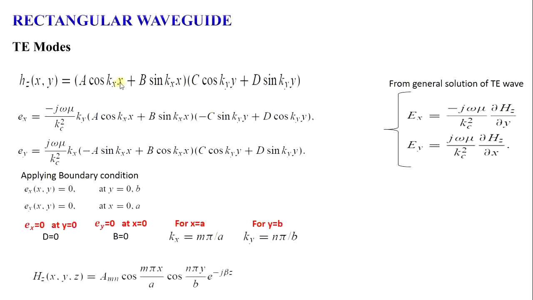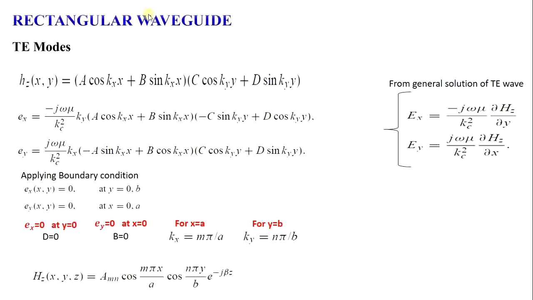Now in this equation of Hz(x, y), this b and d have cancelled out because the values are 0. So only the remaining terms remain, that is a cos kx x into c cos ky y. What we have done is we have replaced this a and c with some constant that is denoted with A, and here m denotes the number of half waves in the x direction and n denotes the number of half waves in the y direction.